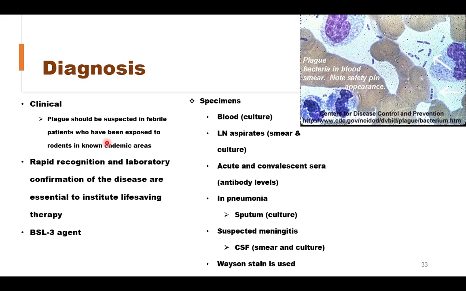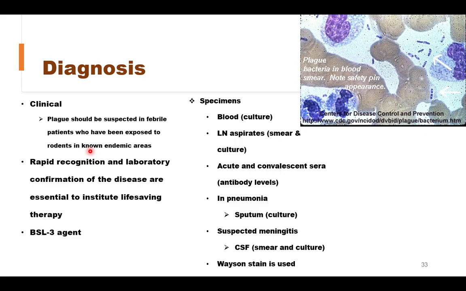But they told you that they've been exposed to rodents in a known endemic area. So they've traveled, maybe on outreach programs, maybe as a result of occupational requirements, to these endemic areas. So you have to start thinking of plague.